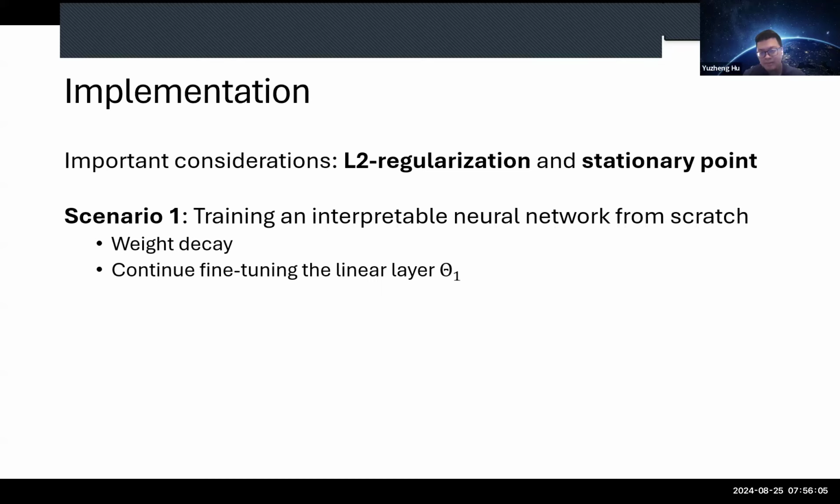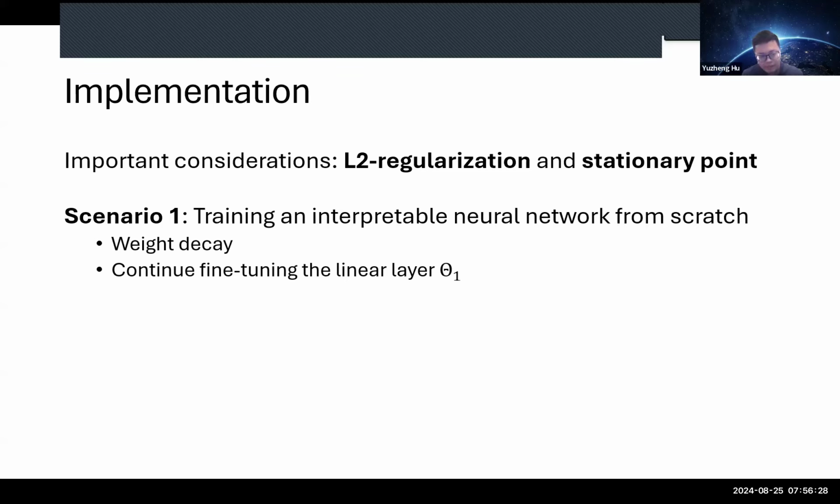And for the second problem, the stationary point problem, the authors propose to continue fine-tuning the final linear layer theta one. Because if you do neural network optimization, it's very likely that at the end of the optimization you do not reach a stationary point to very high precision.